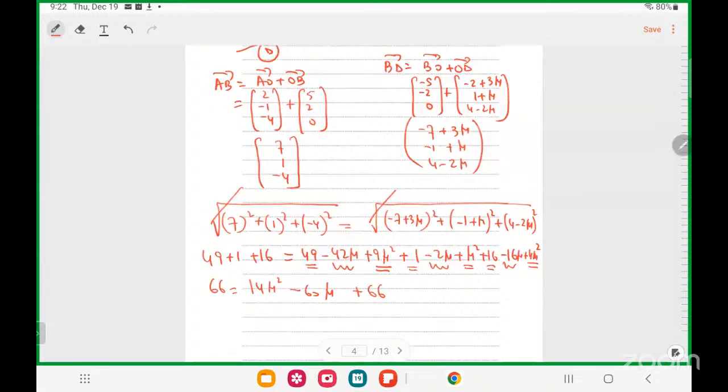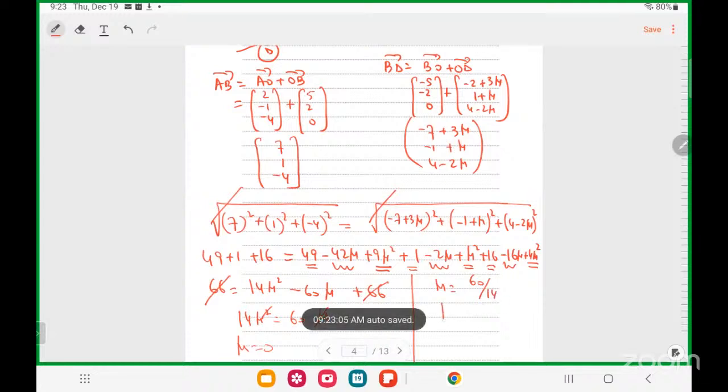I hope this makes sense. 66 cancels off with 66. 14 mu square is 60 mu. Mu cancels off, mu is 0 and mu is 60 upon 14. Mu is 60 divided by 14, that is 30 upon 7.